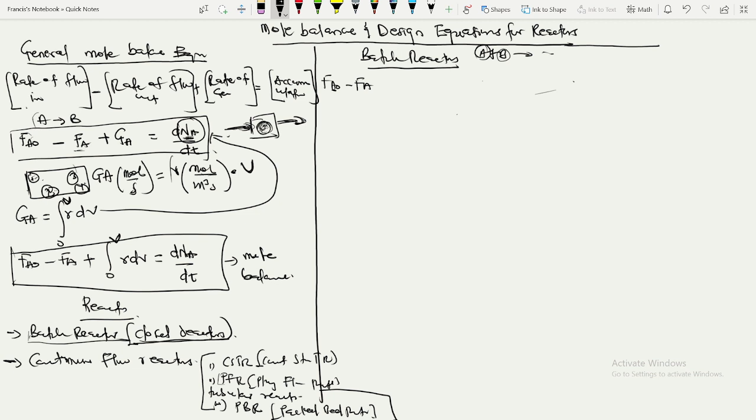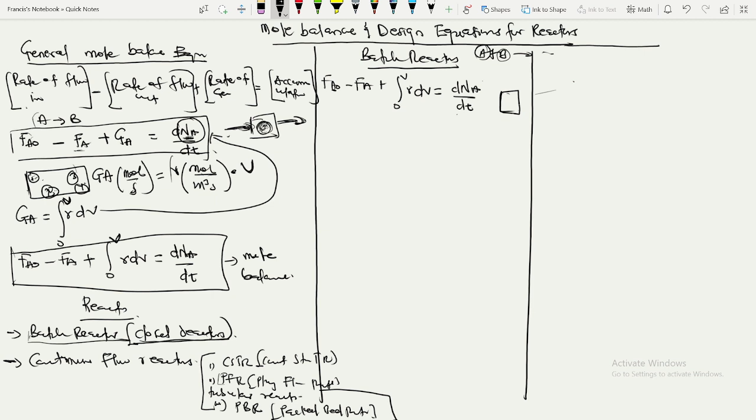FA0 minus FA plus the integral from 0 to V of r dV should be equal to dNA over dt. Now, because batch reactors operate under batch processes, there's nothing like flow in and then flow out. So when you have a batch reactor like this, we just feed in our reactant and then we close it.